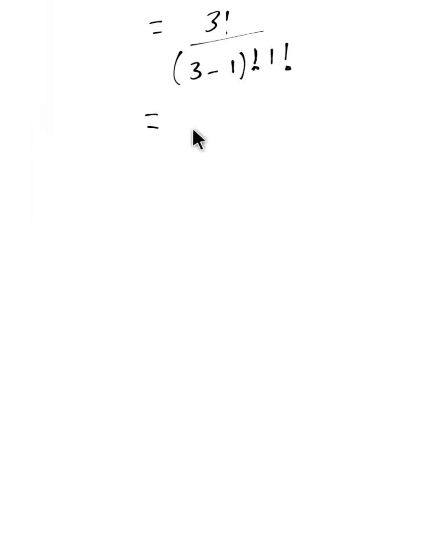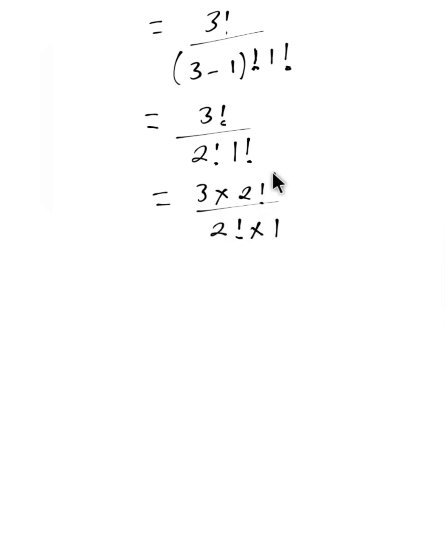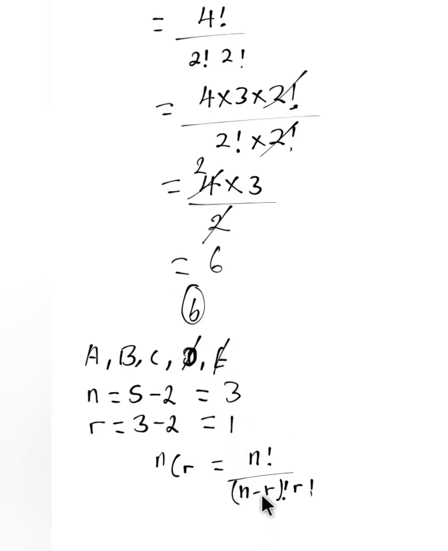If we simplify further, it becomes 3 factorial all over 2 factorial 1 factorial. And this gives us 3 times 2 factorial all over 2 factorial times 1. Obviously, 2 factorial cancels 2 factorial, we're left with 3 over 1, which is equal to 3. So there are 3 committees which can be formed, which include D and E.